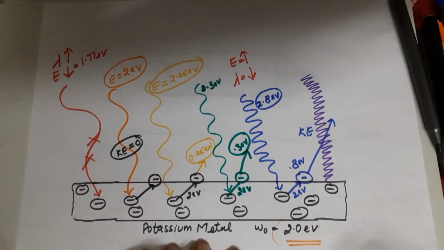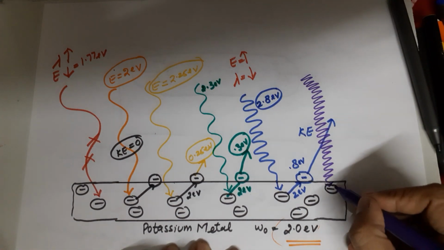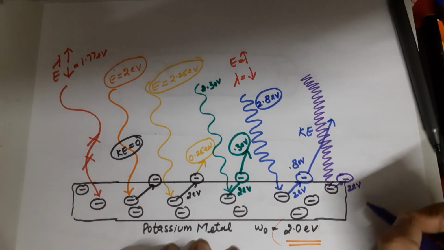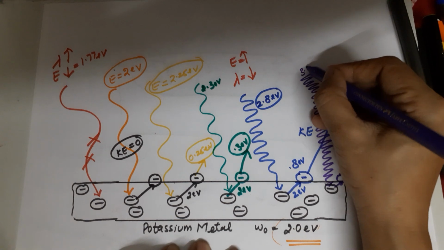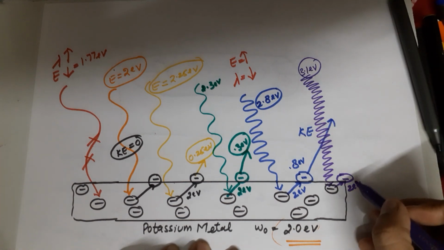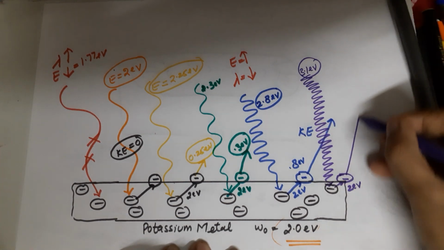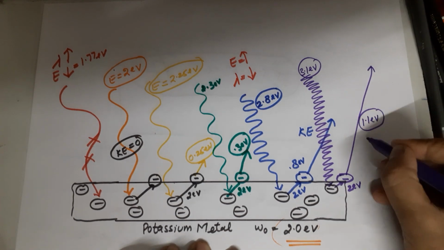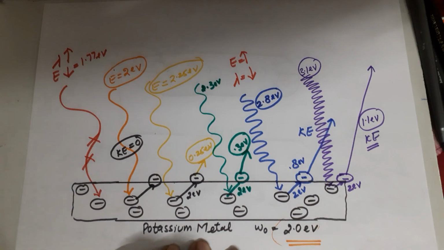And it hits here. When this hits here, the first step is the required energy to move the electron to the surface, which is only 2 eV. This was a 3.1 eV photon, so I'm still left with 1.1 eV. And so the 1.1 eV is used for the kinetic energy of the photoelectron.